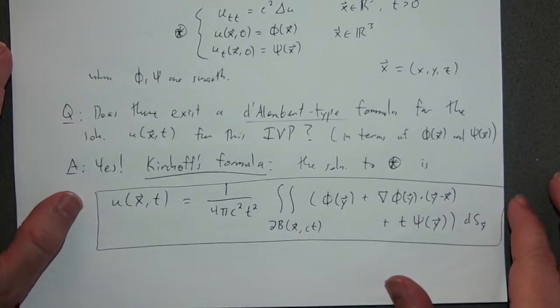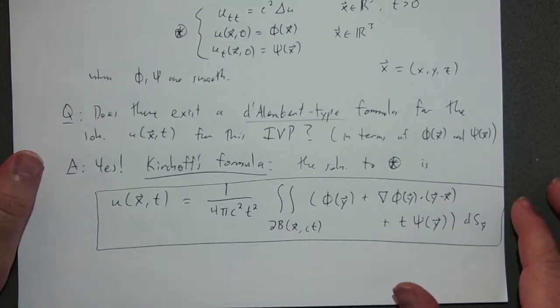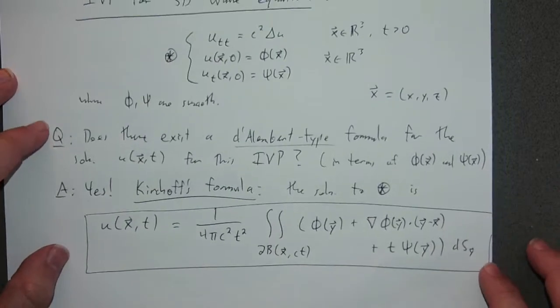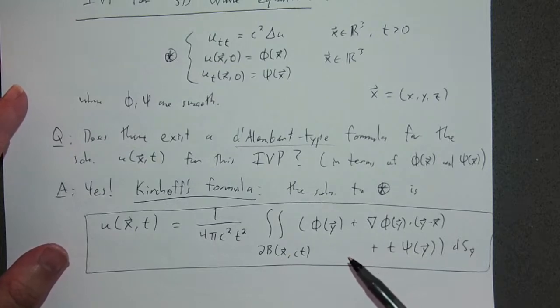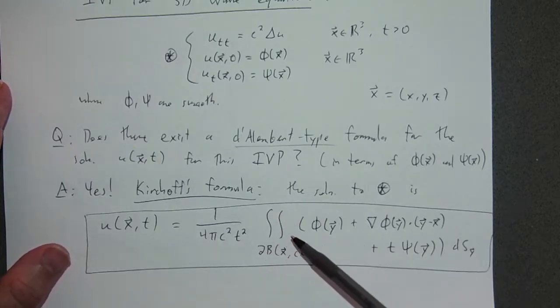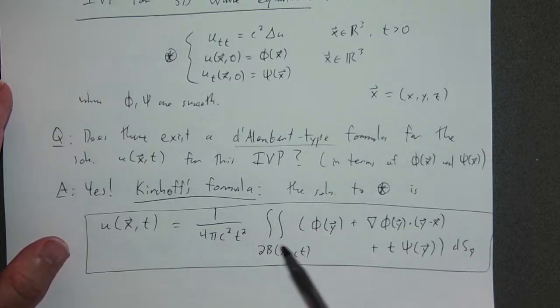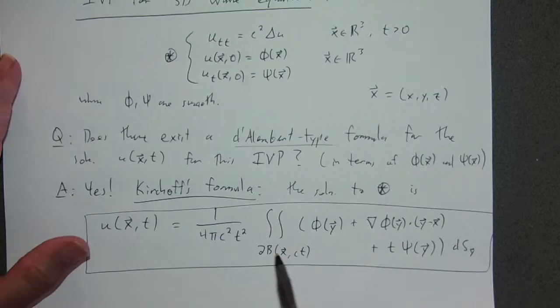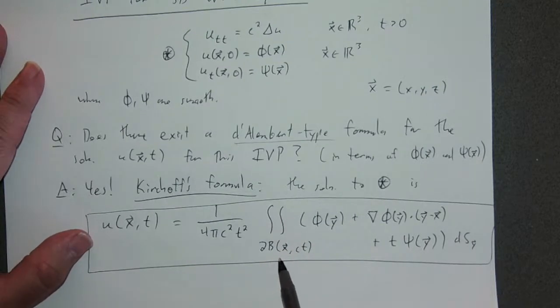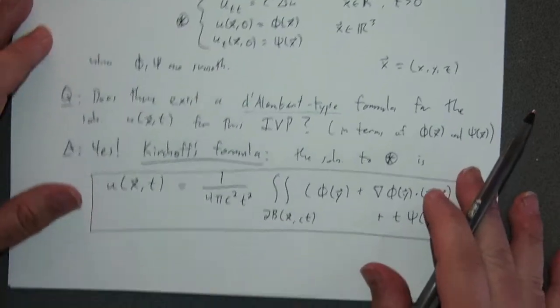Rather than go through the Calc 3 notation used for surface integrals, we're going to write integrals down, and if the set showing up under the integral is a surface, then you know that it is a surface integral. So I don't have to come up with the parameterization and plug that in. Because I'm integrating over the boundary of a 3D ball, that is a surface. So this is a surface integral.